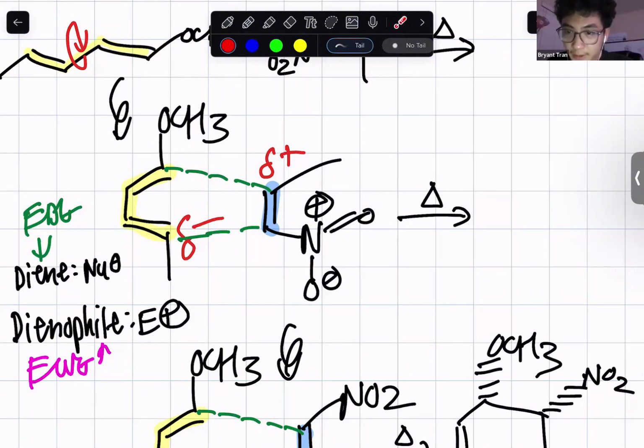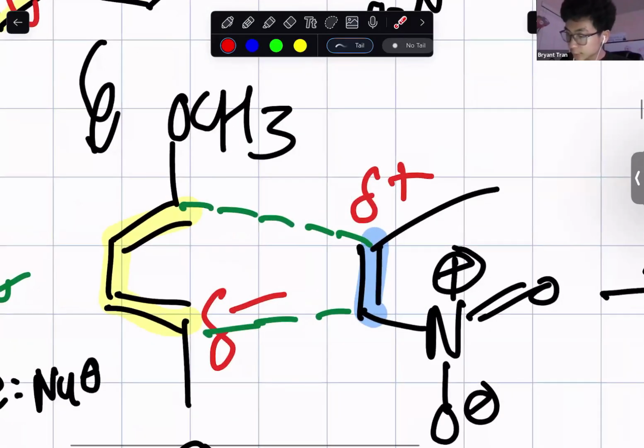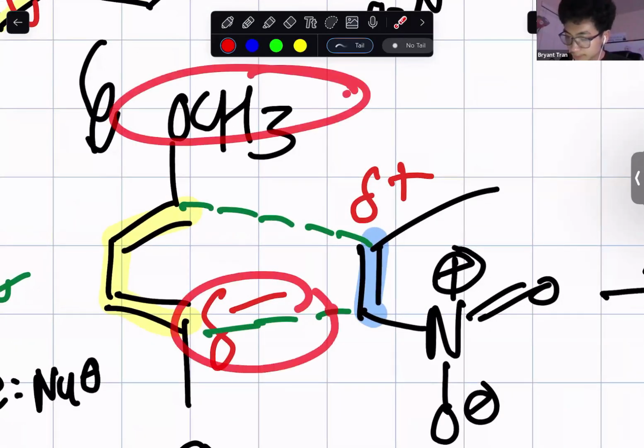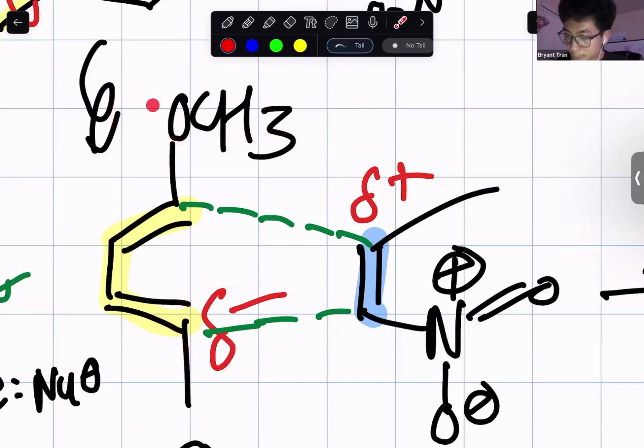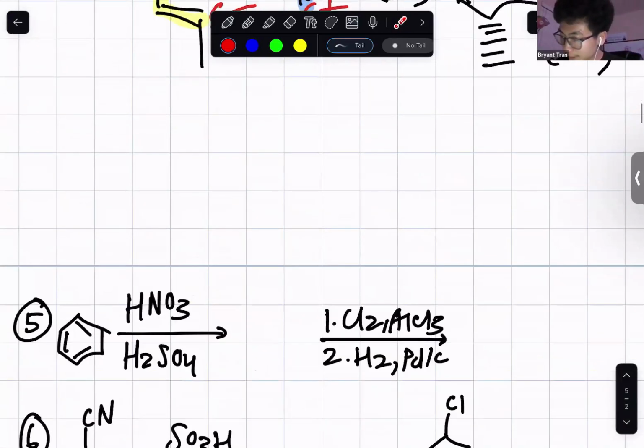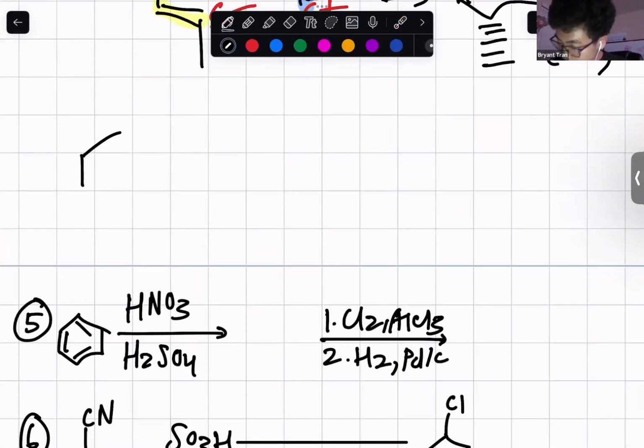So wouldn't the strong EDG have more of a partial negative charge because it can donate electrons? Yeah, so this is a stronger EDG here, but the negative charge is on the opposite end, right? Because when we draw out the resonance structure of this, let me actually draw that out for you to show you why there's a negative charge on the opposite end. So let's say I have this diene here with this OCH3 right here and the methyl group right here.